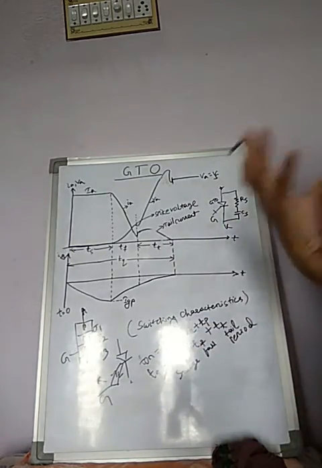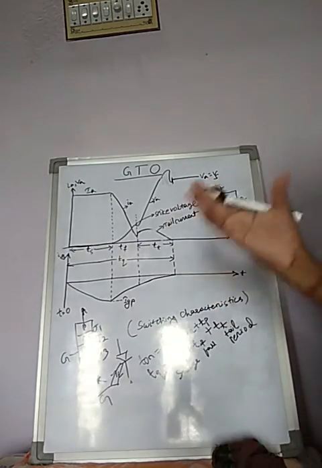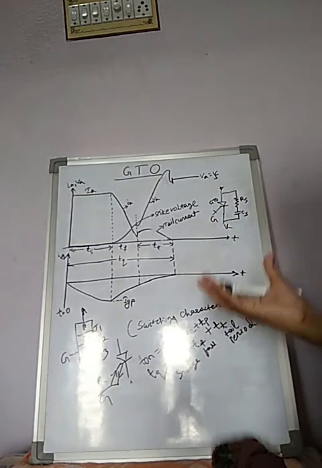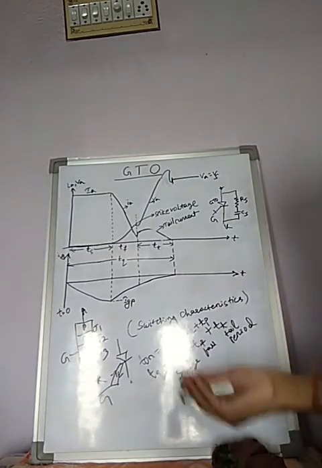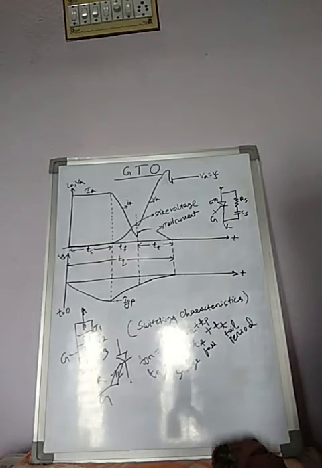Whatever losses occur in that force commutation process are compensated against the gate drive power loss and on-state loss which occur in the GTO unit. That's why the GTO unit has higher efficiency.